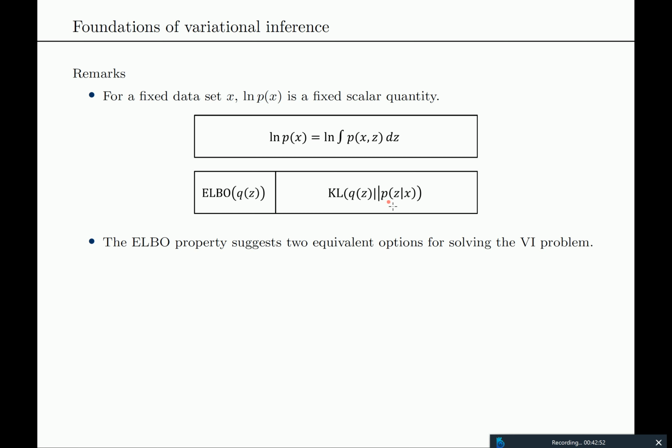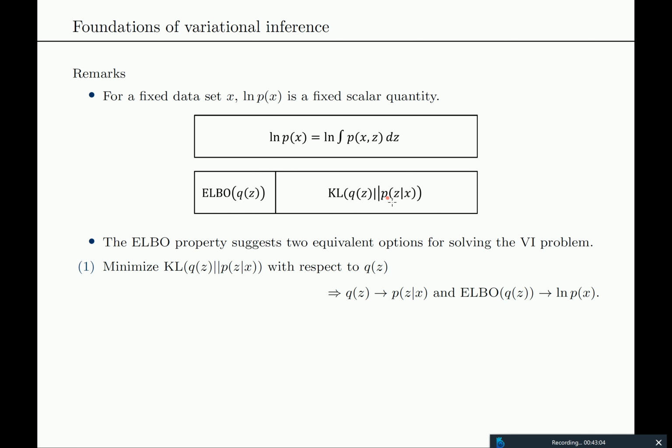Now, based on this, we can already talk about how to use this to solve the variational inference problem. Because we can do two things. One thing we can do is minimize the KL divergence with respect to q(Z). So q(Z) was arbitrary, so we can play with it. For example, if it has parameters, we can change its parameters.